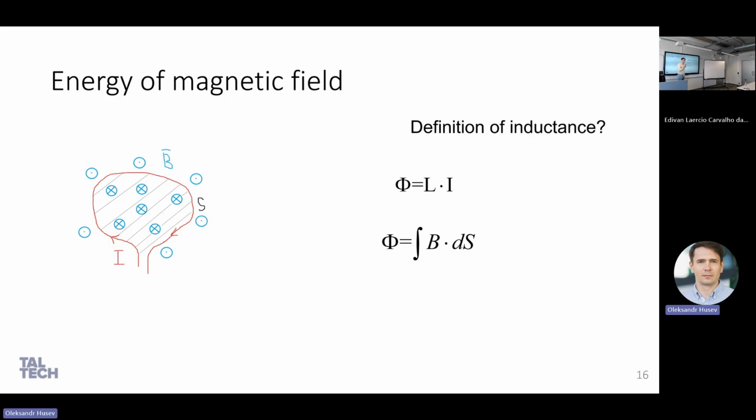So if you have a conductor which has one amp of current, and you have 1 millihenry, it shows you what flux is created by this current.